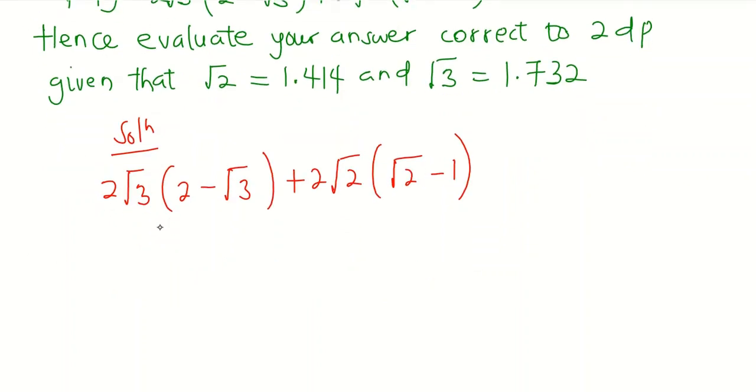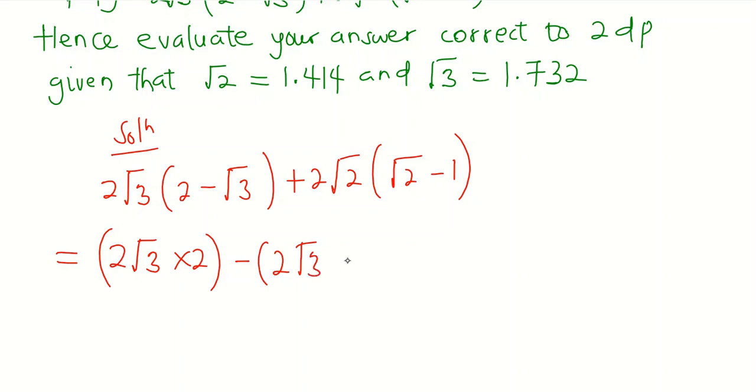So with this, it's just a matter of expanding, and later we substitute the value of square root of 2 and square root of 3 into our solution. So it means we are going to have 2 square root of 3 multiplying 2, and we also have minus 2 square root of 3 multiplying square root of 3.